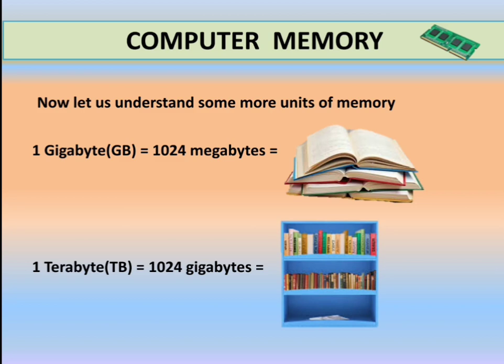Similarly, there is 1 terabyte, which is equal to 1024 gigabytes, and it is approximately equal to a stand of books that has a lot of books in it. To store all the characters written in all these books, a computer requires 1 terabyte of memory.